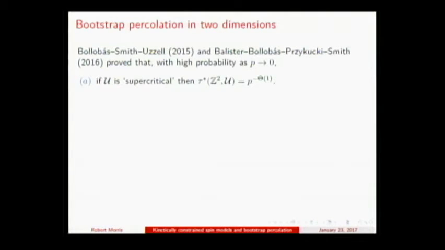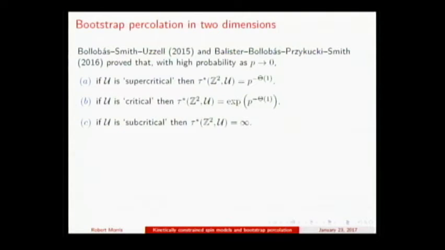This tau star is for the monotone version; tau is the real model, tau star is the monotone version. So either you take polynomial time, or you take e to the polynomial time, or you probably never infect the origin. These are the 3 possibilities in 2 dimensions, and I'll explain something about why this occurs.